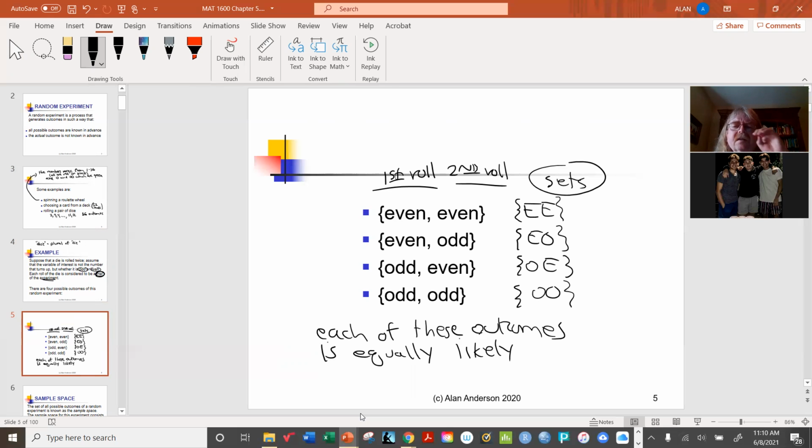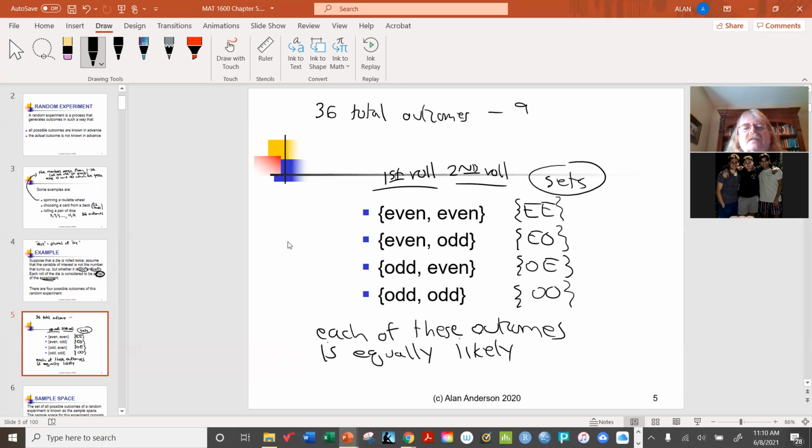Now, by the way, if you wanted to do this more systematically, you could write down a list of all the different ways in which you can roll 2 dice and pick out all the cases where you have even followed by even, even followed by odd, et cetera. What you would discover is that there are 36 total outcomes when you roll 2 dice.